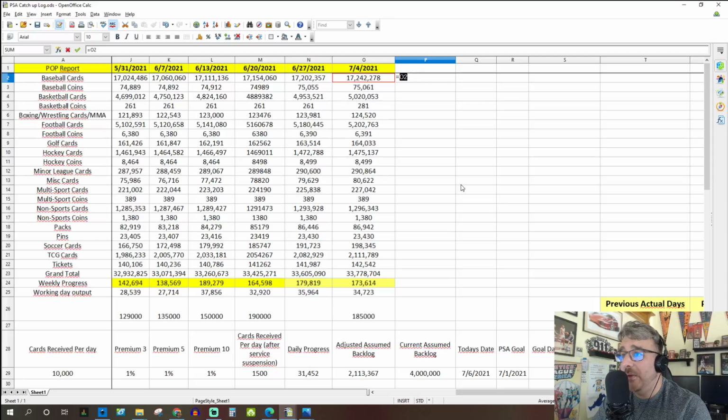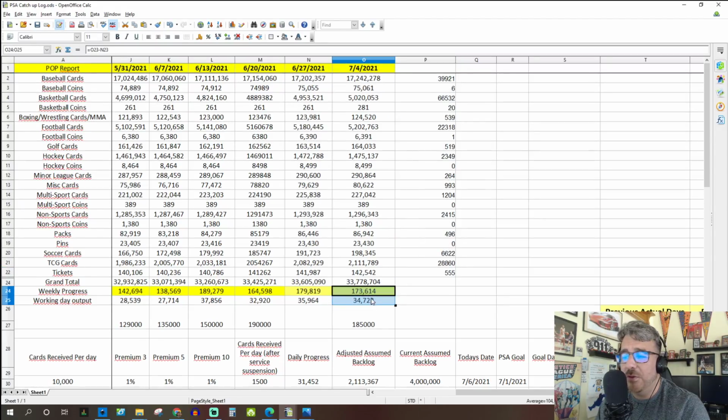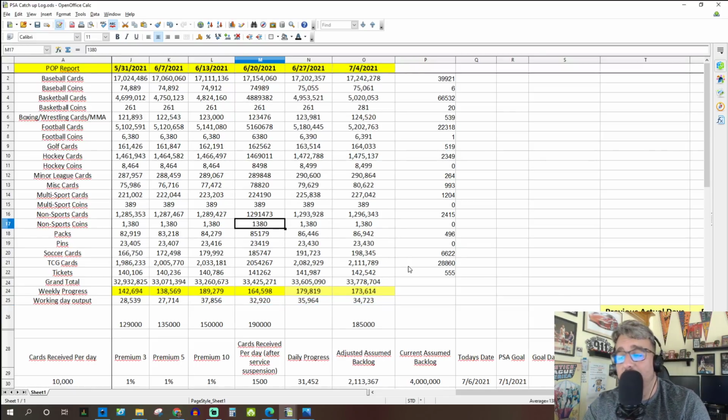They are at a point now where I think this is going to be their operating output, the 35,000 a day, 175,000 a week. If you look at the last four weeks, they've been at 176,000 a week, about 35,000 a day. Put that in perspective, 175,000 a week, roughly 35,000 a day.